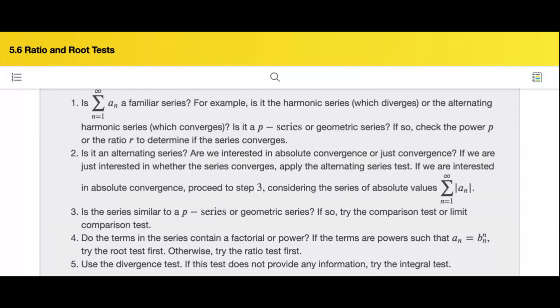Because for your homework, the homework is under each section, so you know exactly which one to apply. But in the final exam, you don't have the convenience, so you have to figure out which one to apply. So this is like a strategy list.